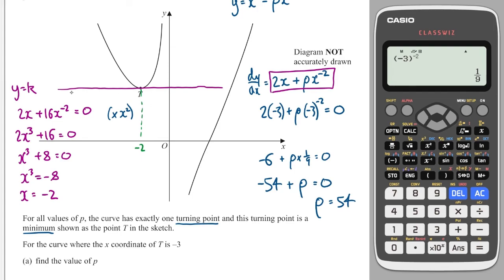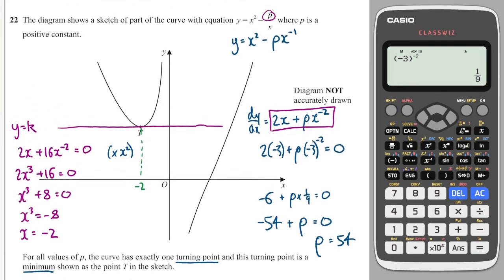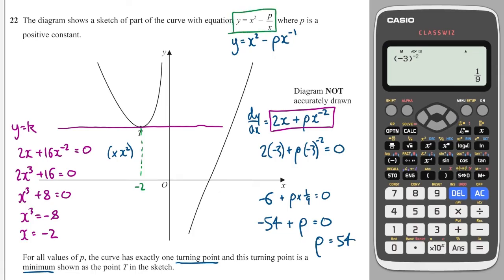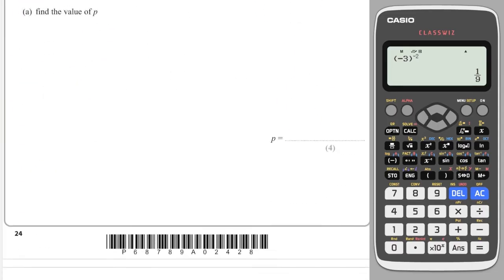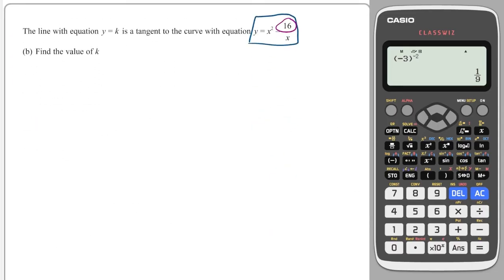But we need to work out the y value at that particular point. So we need to go back to our original equation, which is this one, and sub in minus 2. So I'm going to do that down here. So I now know that x equals minus 2. Sub it into this equation for y.